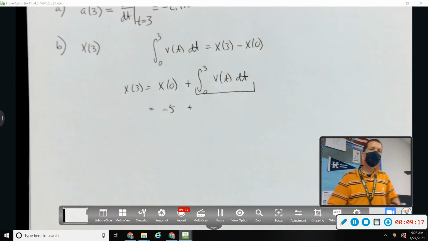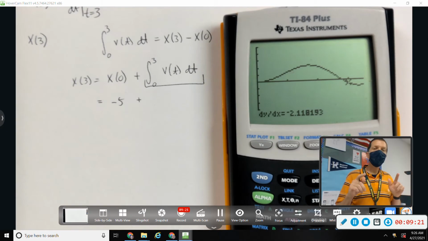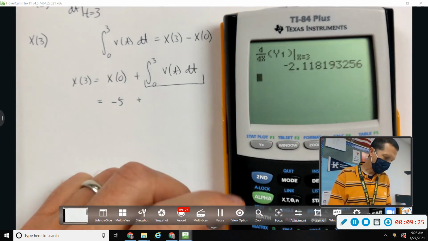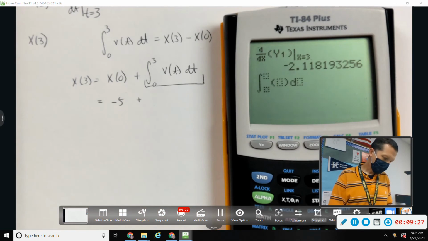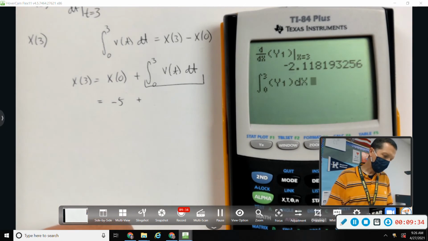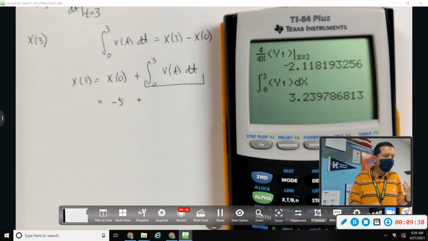That we can put in the calculator. There's two ways to do it. We've done Math 9 before. I'll do it that way first. Math 9, so 0 to 3 of y1 dx. And again, they know you have a calculator. They don't expect you to do that by hand.